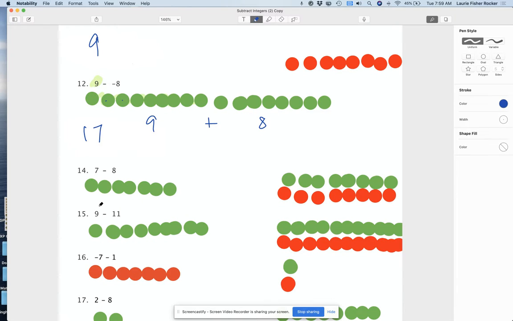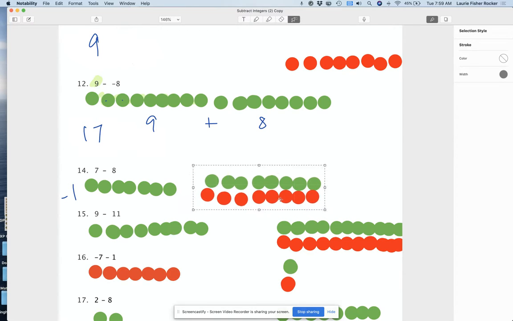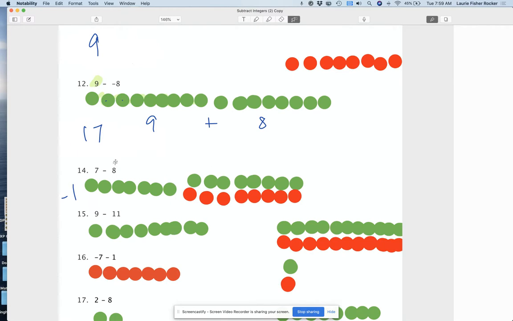And let's do 7 minus 8. Now, a lot of you look at that and go, that's easy. That's just negative 1. But let's see that with counters. So you have 7. Then we're going to minus 8. So we put in 8 0 pairs. And so I'm going to take away 8. Now, when I'm taking away 8, I'm taking away 8 positives.